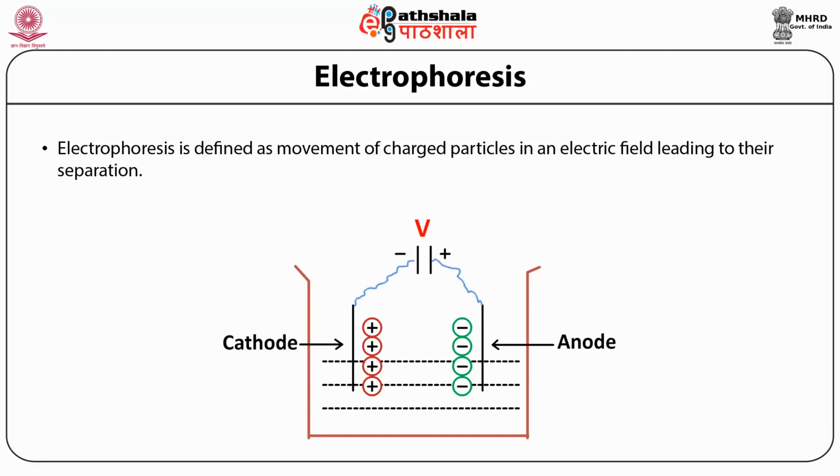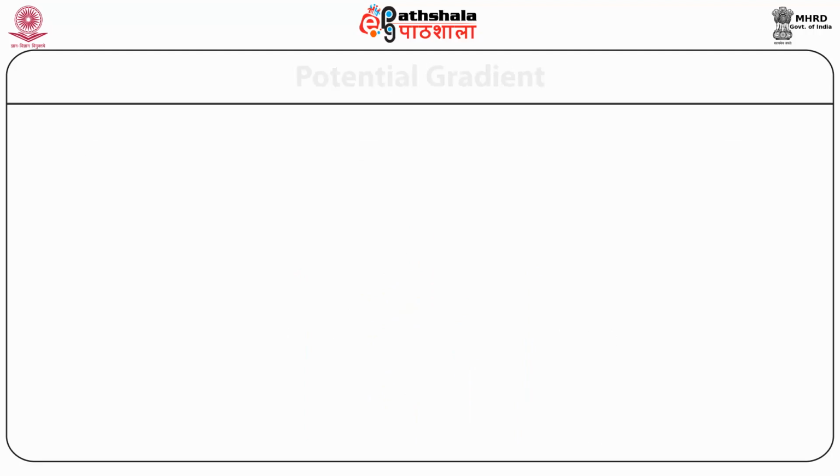When voltage is applied across the electrodes, electrodes become charged. Electrodes carry either positive or negative charge. So voltage V is applied between the two electrodes.